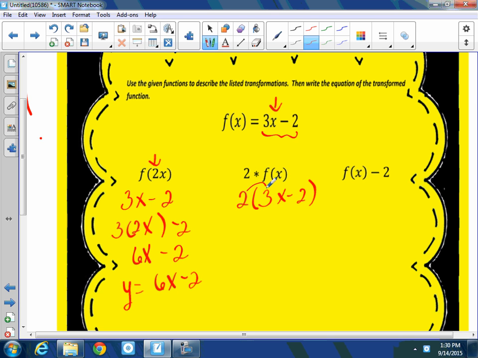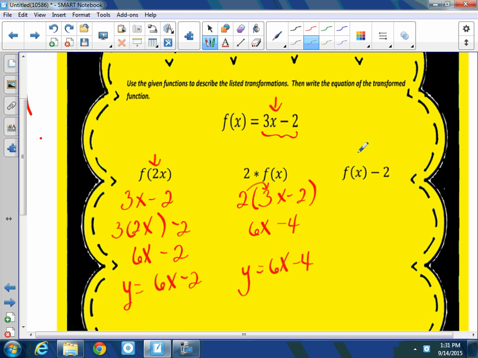So 2 times 3x would be 6x, and 2 times negative 2 would be negative 4. So my equation is 6x minus 4. So this is steeper than the mother function, which is the top one, because the slope is 6, and it has shifted down 2, because the y-intercept used to be negative 2. Now it is negative 4.